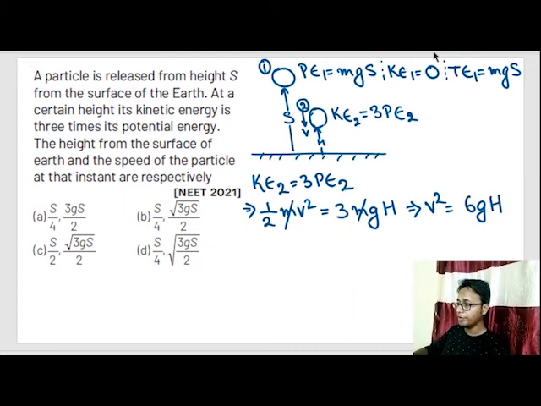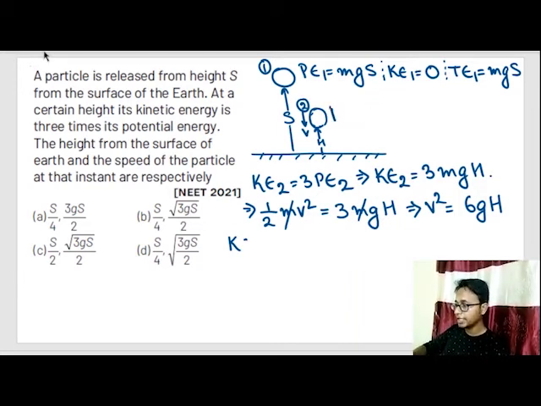Now, at point 2, what is the kinetic energy? Kinetic energy is 3 times its potential energy, so 3 times mgh. Let's rewrite the potential energy and kinetic energy here. If potential energy is mgh, kinetic energy becomes 3 mgh.